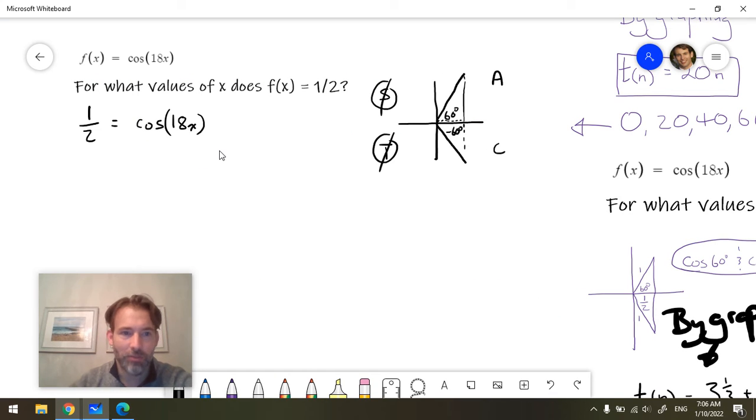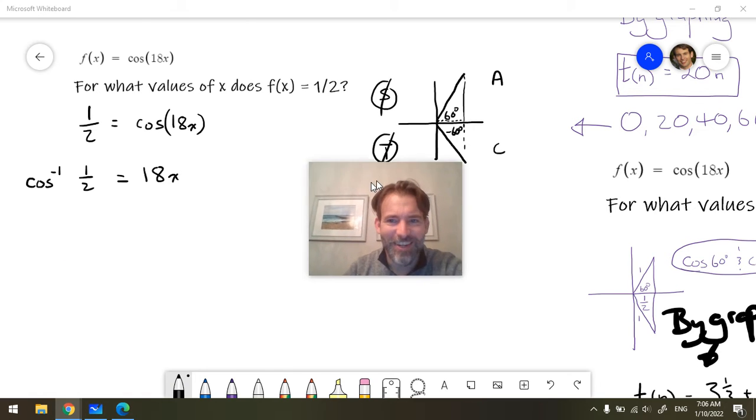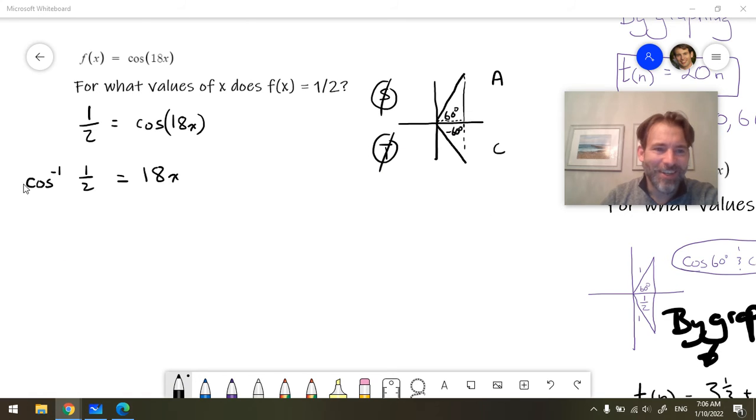All right, so let's write those in. Cosine inverse of 1/2 is equal to 18x. Basically taking the cosine inverse of both sides cancels the cosine. Some people say when this comes over, it becomes cosine inverse, but I don't like that type of thinking. All right, so now we solve this.